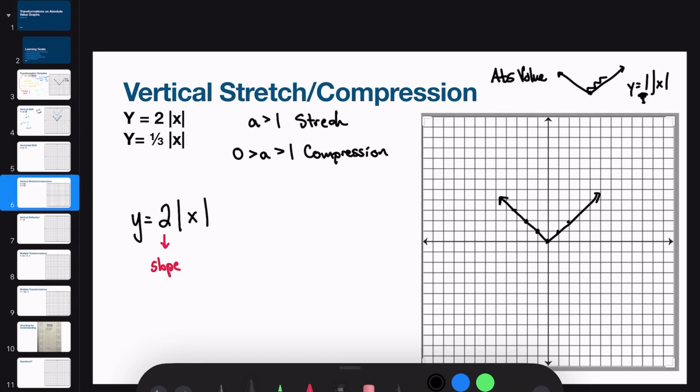My new graph of 2 absolute value of x still starts at the origin but has a slope of 2. So I'm going to go up 2, right 1, up 2, right 1, and then up 2, left 1, up 2, left 1. So I have my positive and negative slope of this new transformation.